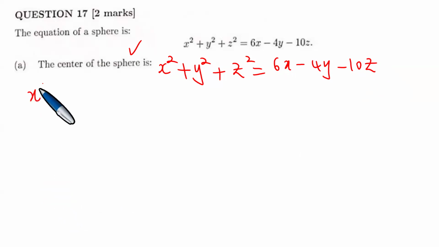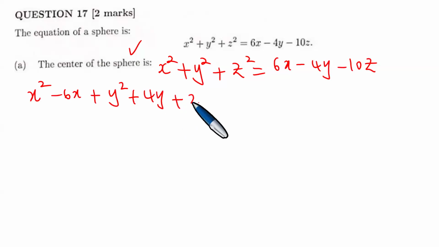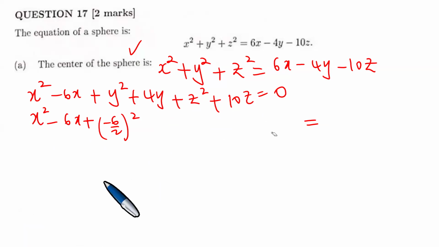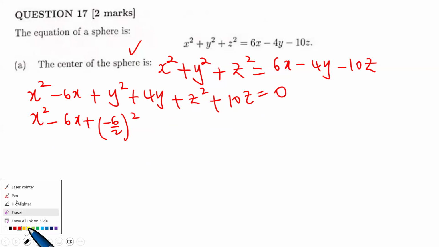To find the center of the sphere, we write x squared minus 6x, then y squared plus 4y, and then z squared plus 10z, and this equals 0. We have x squared minus 6x, and we take the minus 6, halve it, and square that. But simultaneously, we also need to do it on the right.